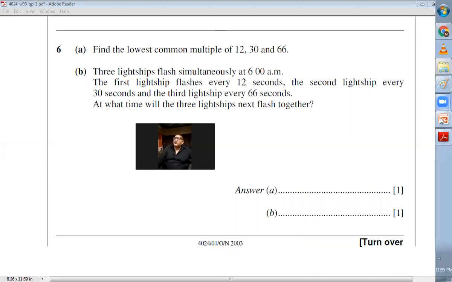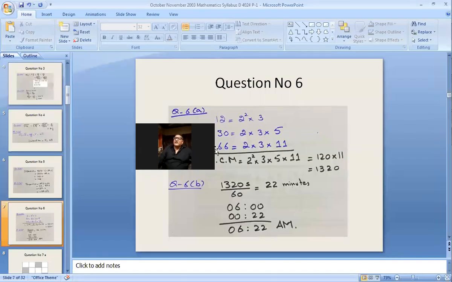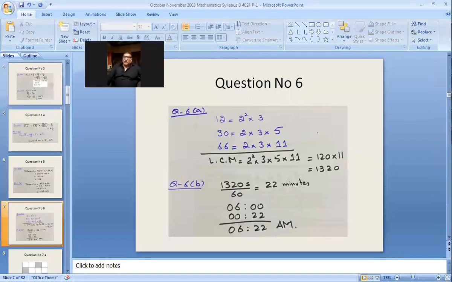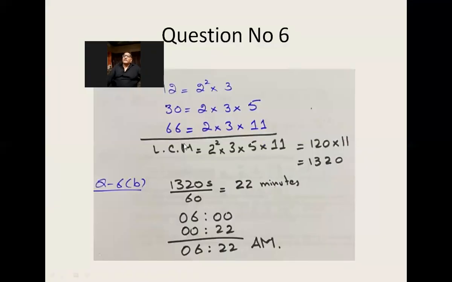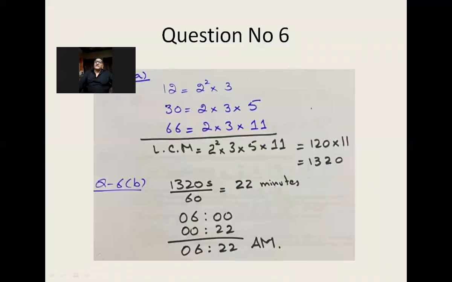So let me show you my work. It says 1320 seconds. That is the LCM of those 3 numbers which we found in the previous part also. So I will divide it by 60 to find the minutes, because in one minute there are 60 seconds.